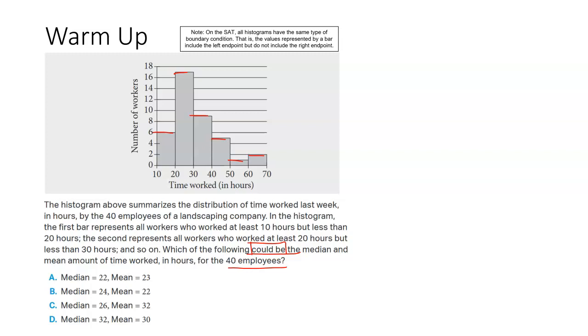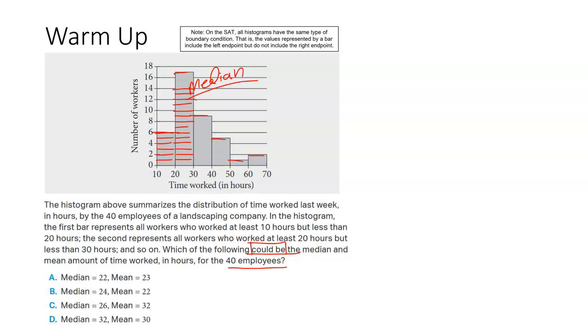My first bar includes the first 6 values, so I have 1, 2, 3, 4, 5, 6 employees, and then I can continue into the second bar, 7, 8, 9, 10, 11, 12, 13, 14, 15, 16, 17, 18, 19, 20. So my median is somewhere in that bar.